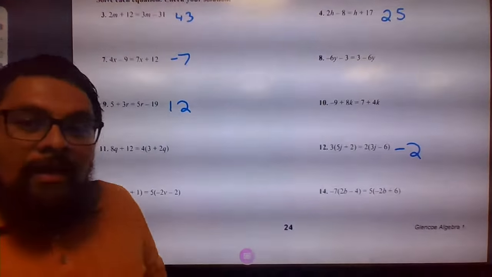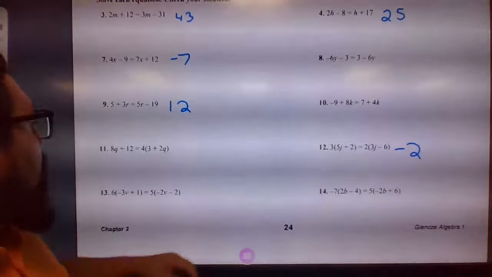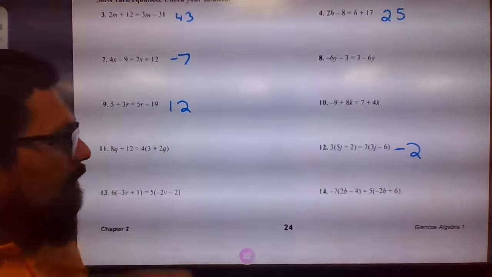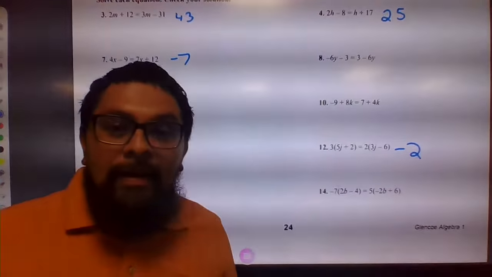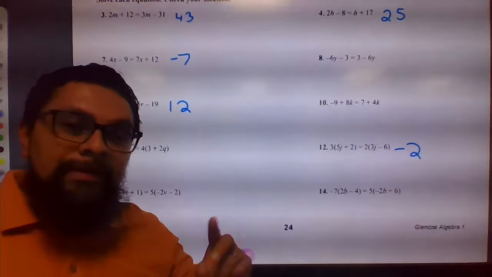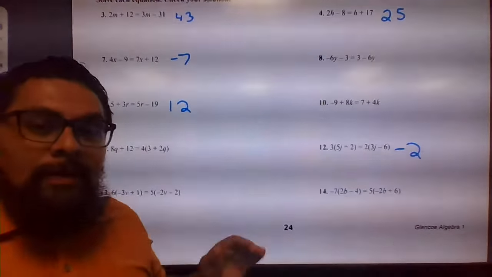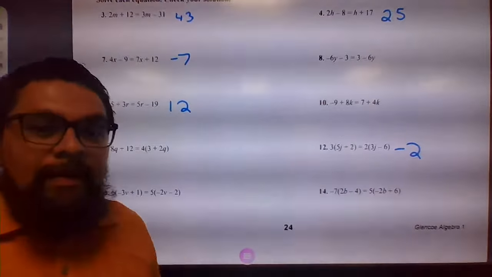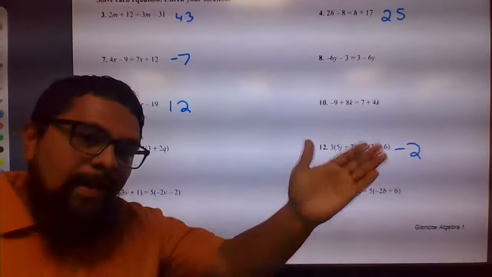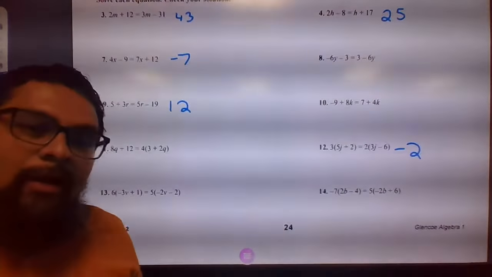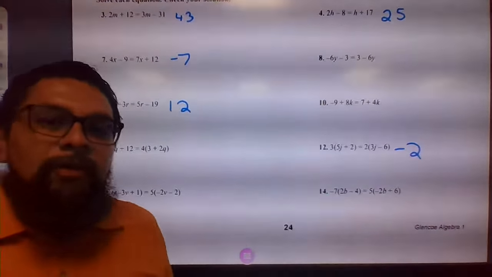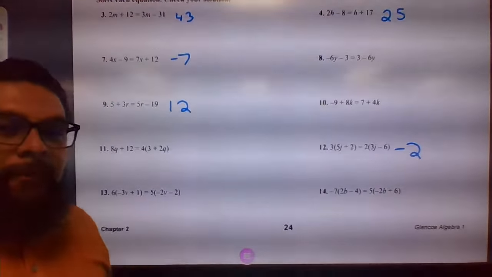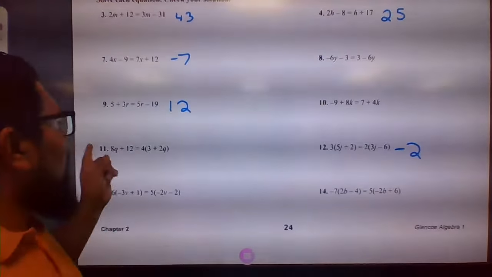If not, I'm going to show you how to do number 8 and number 11. There are 2 special cases on there, so I'm going to show you those. But if you want to try them on your own, go ahead. If not, come back to this video and start playing it from this point so you can see how to do 8 and 11.